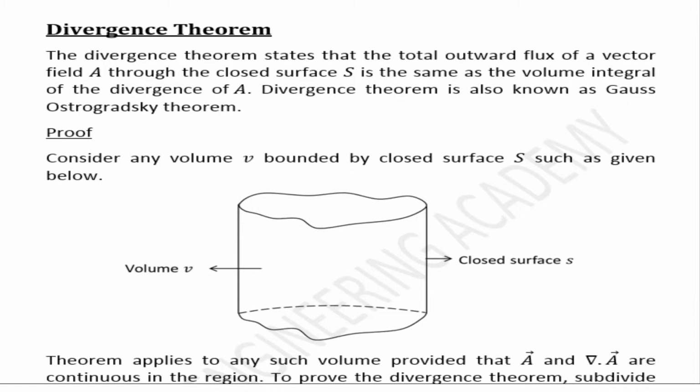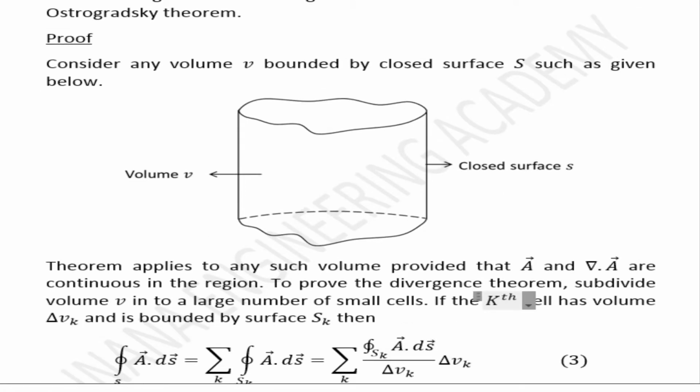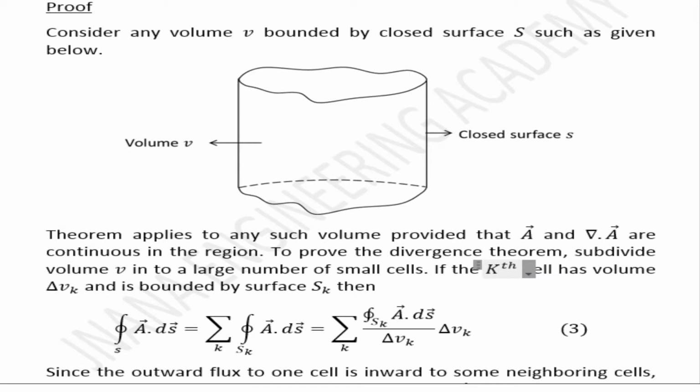And we go for the proof of this particular theorem, the divergence theorem. So for that, we have to consider a closed surface, and a volume bounded by the closed surface. Here we have the vector field A and the divergence del dot A, and these are continuous in the region.